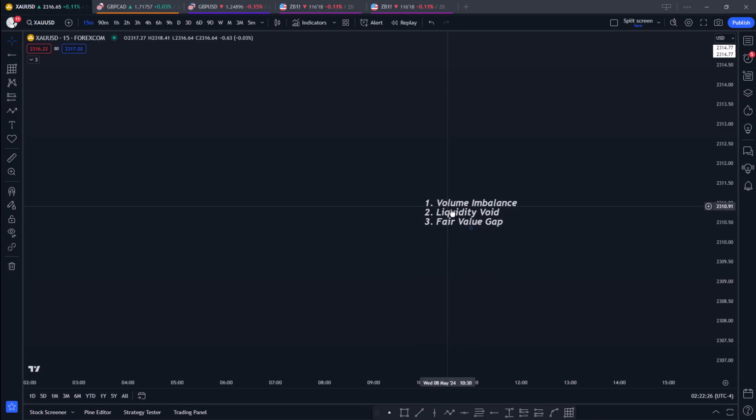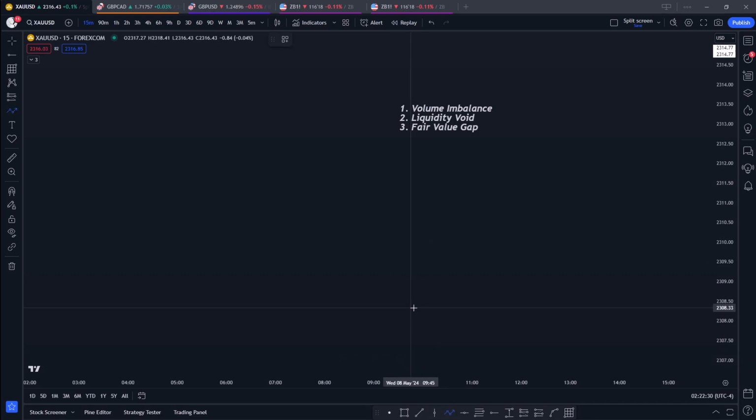A volume imbalance is essentially when we have a candlestick, we have price printing, and we trade higher from there or lower from there, but in between the bodies of the candle, we only have wicks somewhere there or somewhere there.